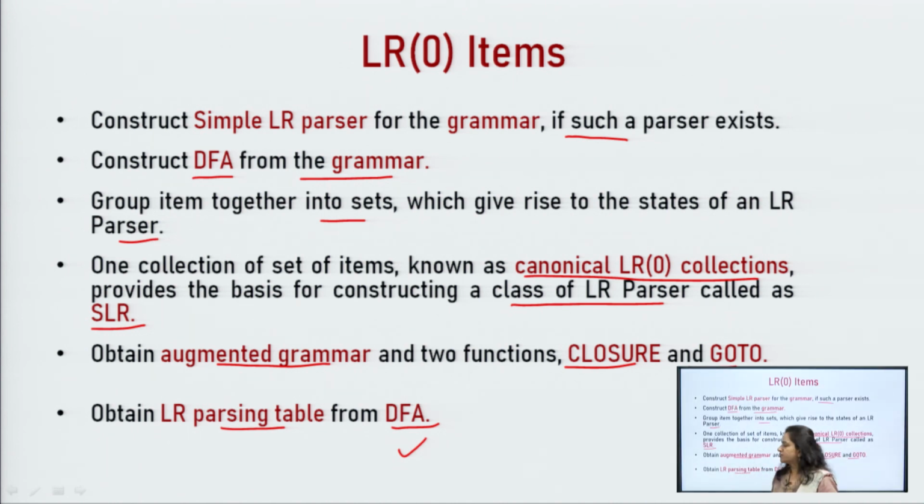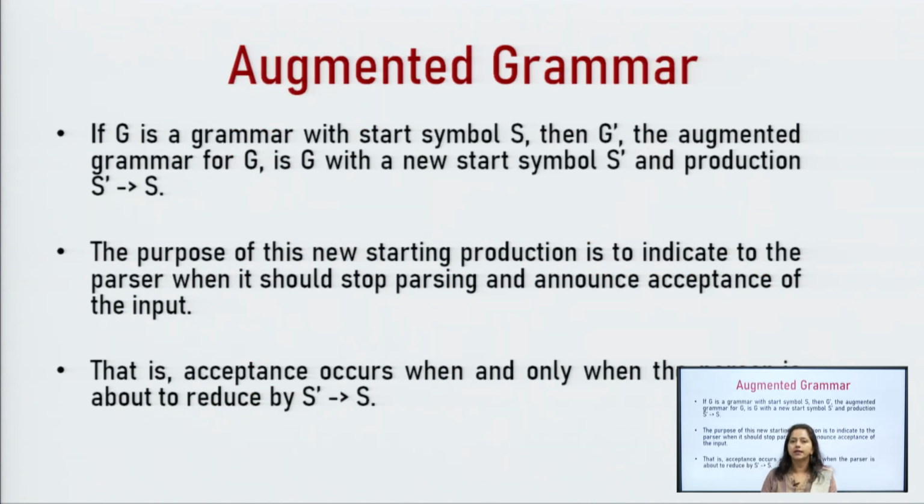In today's class we will see the process to construct the LR0 automata. In the next class we will learn how to obtain the LR parsing table from the automata and then to do the parsing. So, in today's class we will discuss all the ingredients.